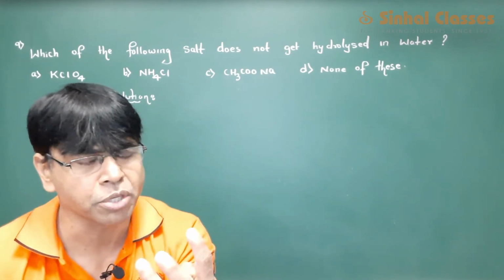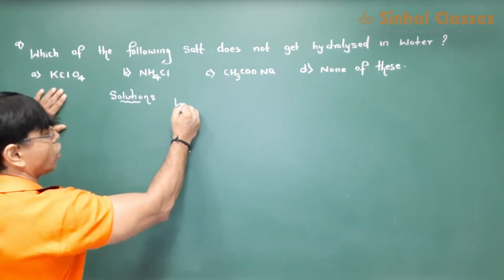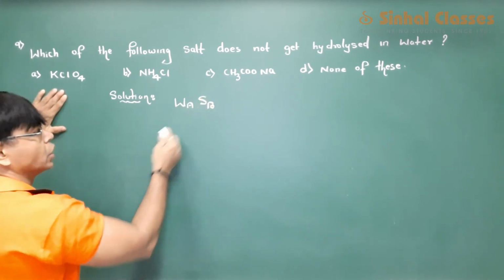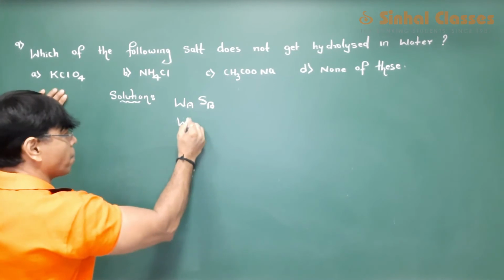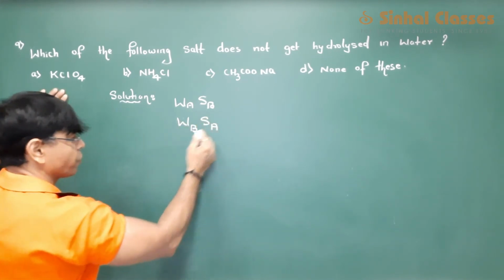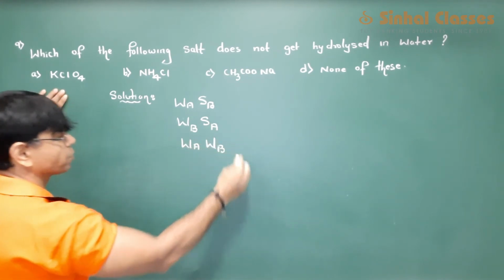There are three types of salts which undergo hydrolysis. One, salt of weak acid and strong base; two, weak base and strong acid; or three, weak acid and weak base.